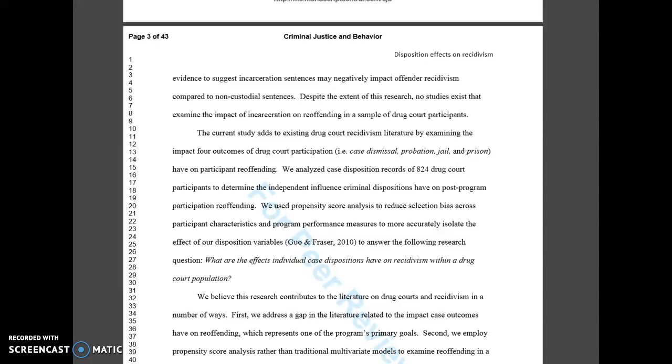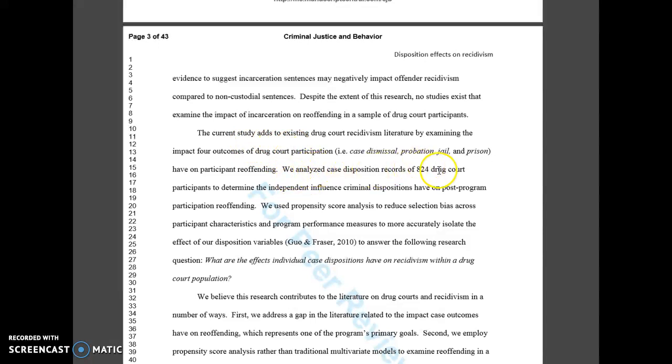Of course, in the literature review section, you see the literature that has been completed on the topic. So here we're talking about how exactly this research is going to contribute to that existing literature. So what you get out of this paragraph is the primary purpose.